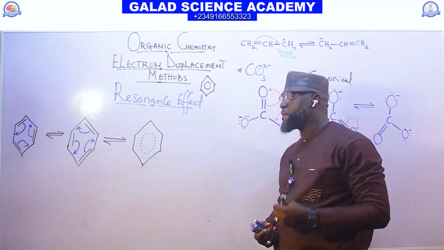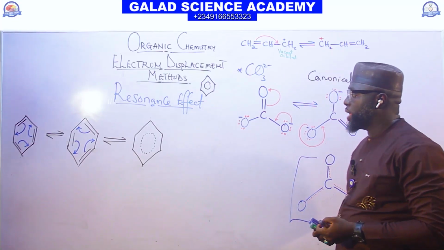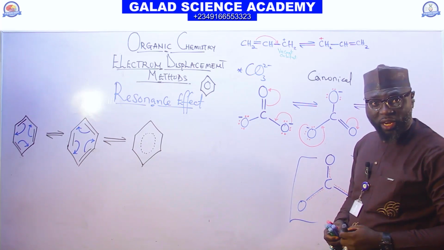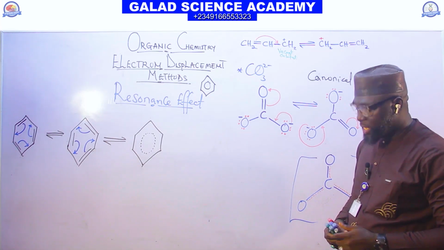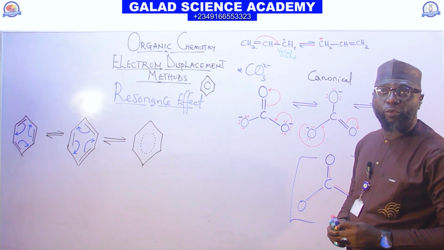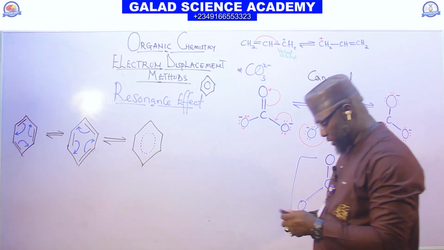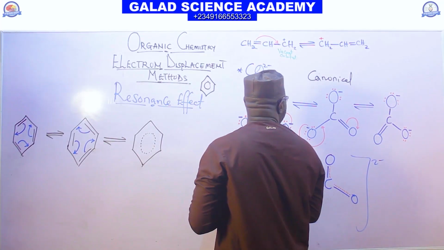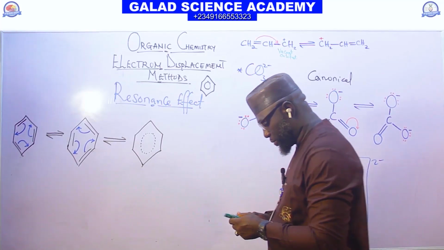Let me add another example of resonance of benzene. Let me use the phenoxide ion. You can be asked what is the resonance structure of the phenoxide ion.